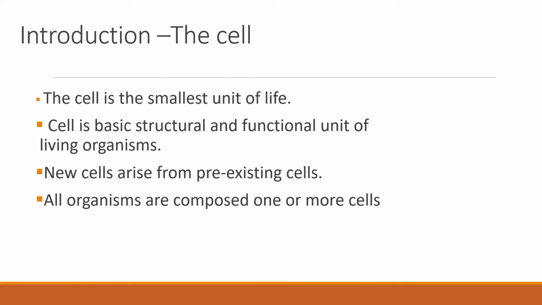We can construct buildings of different sizes and shapes from similar bricks. Similarly, millions of organisms of different designs, shapes and sizes exist. All living things are made up of cells, and all organisms are composed of one or more cells.